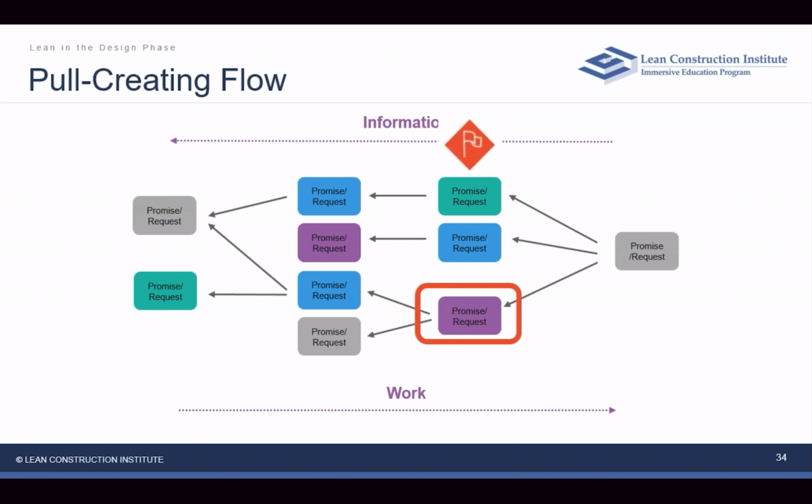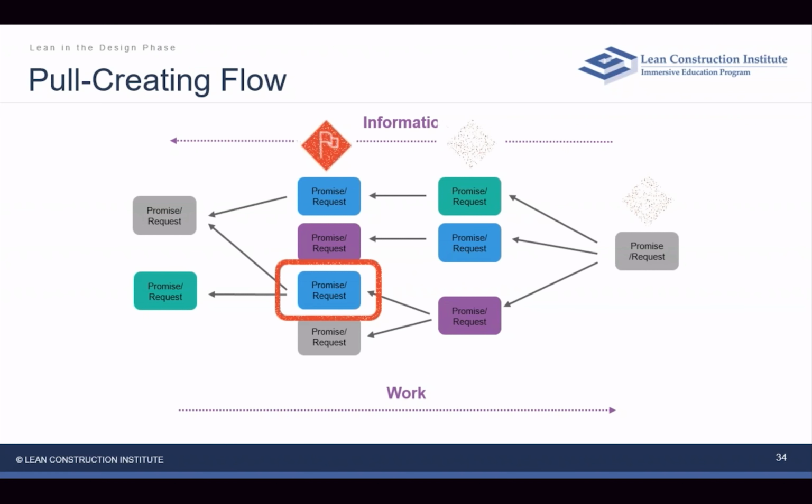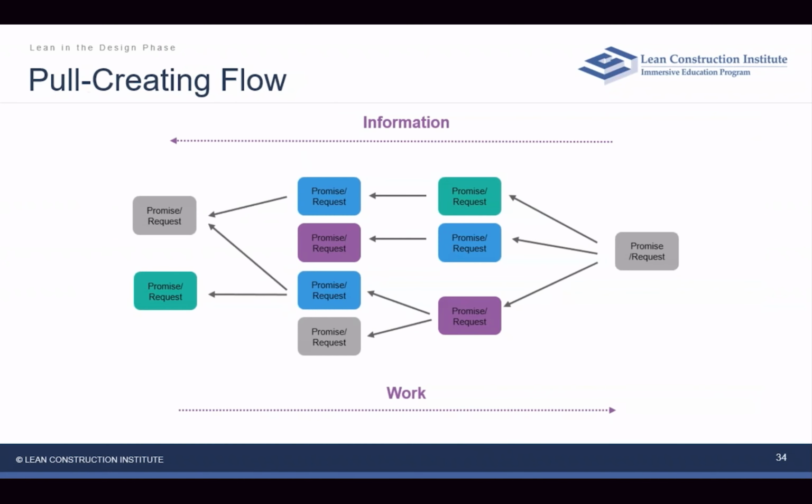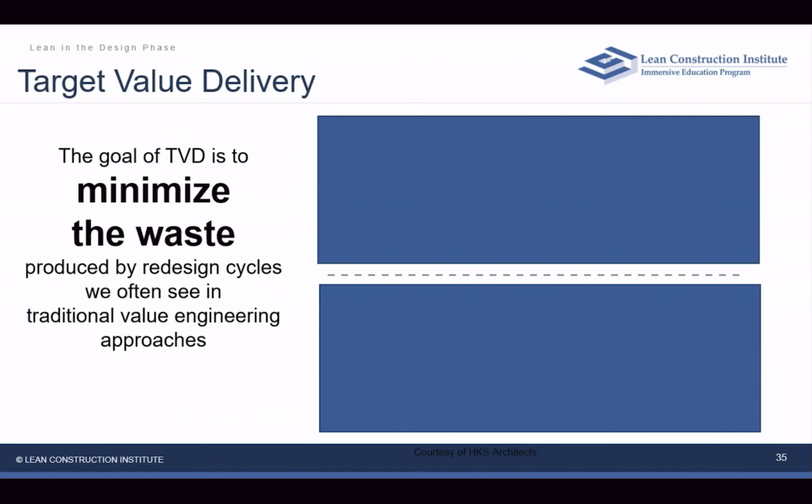And so now we're triggering the next level. And if that blue represents the architect, they might say, I will provide shaft locations, but I need interior designers to provide the cabinet sizes. And so goes that cycle. So that's what I'm going to say about Last Planner in design.